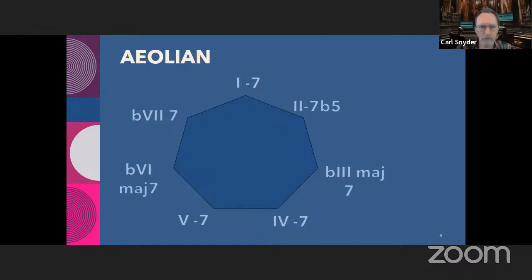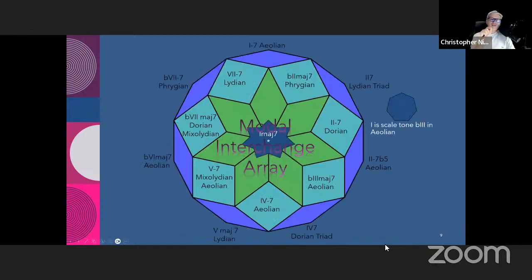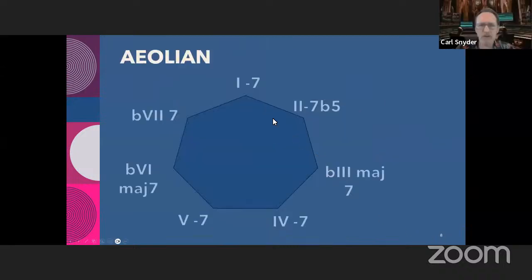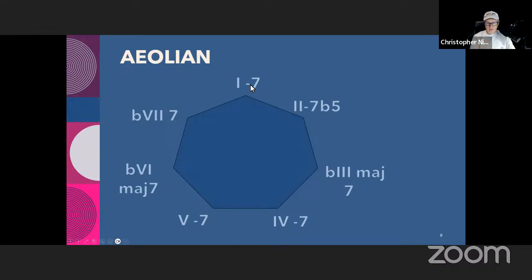So you're talking about the relationships, so if you're in D Dorian, what you're saying with that chart. So here's A. Let's say we're in diatonic C. So Aeolian would be A, and we spell out every other white note. There's our A minor 7.